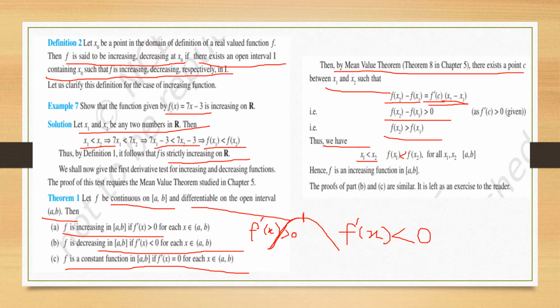That means my function is an increasing function in (a, b). The second part can also be proved, as for that condition the derivative will be negative, and the third condition can also be proved.